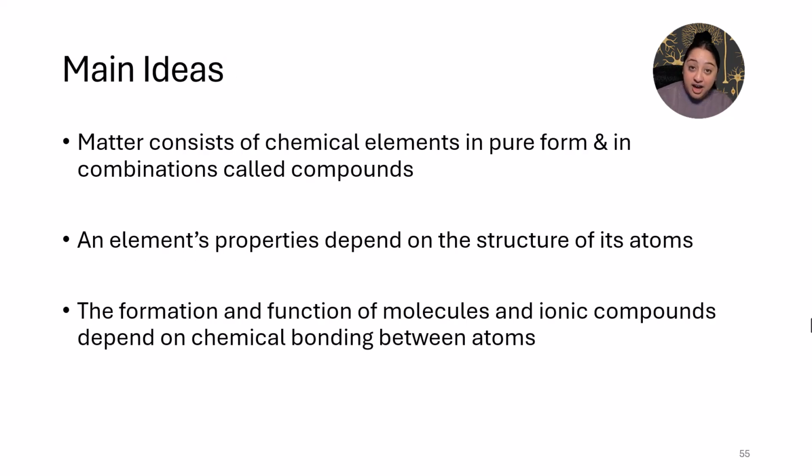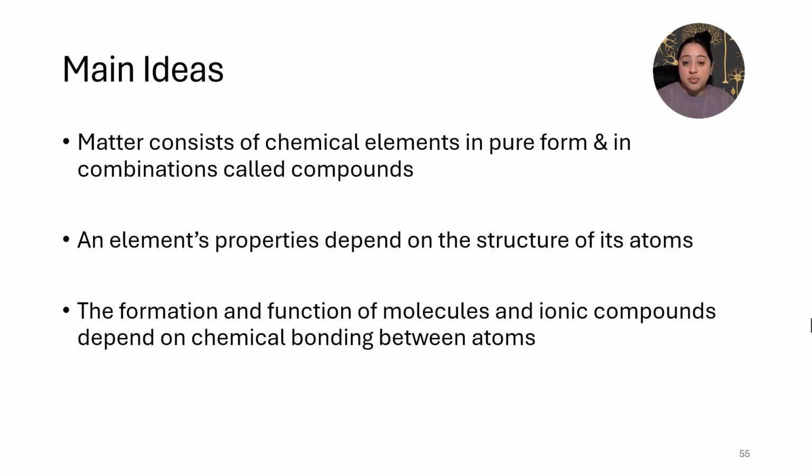Okay, so this was a lot of information, and there were some details, but most of those finer details we could just leave in chemistry. Think of the main ideas. The main ideas of this section are that matter consists of chemical elements in their pure form and in combinations called compounds.